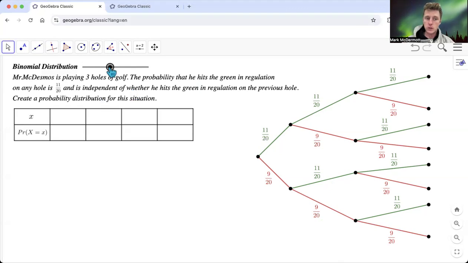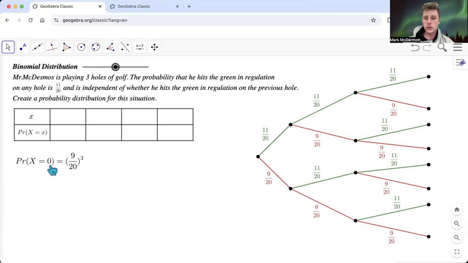So now what we might want to do is work out, across those 3 holes, what's the probability of X being 0. Capital X is our discrete random variable, and that can take on different values. Those different values of X we're going to call lowercase x. And so capital X equaling 0 would represent the situation where no greens are hit in regulation.